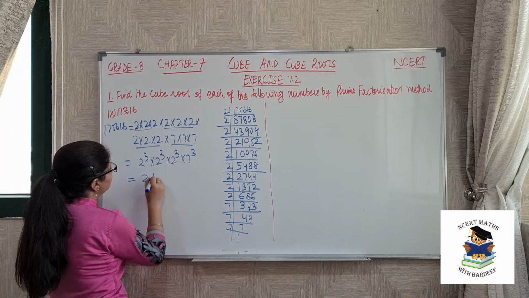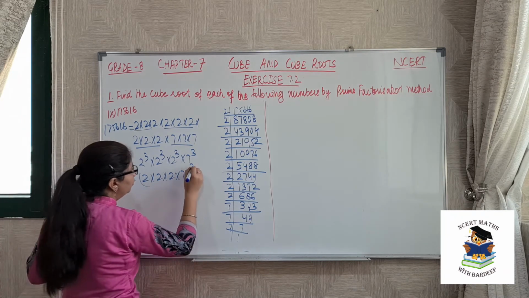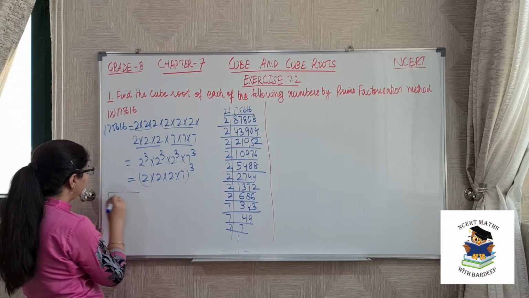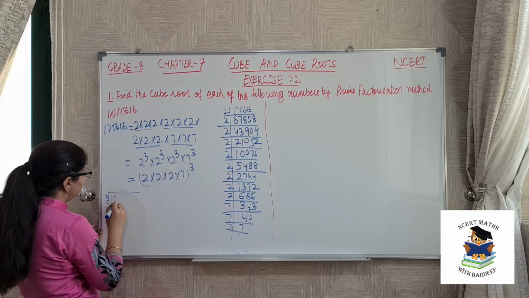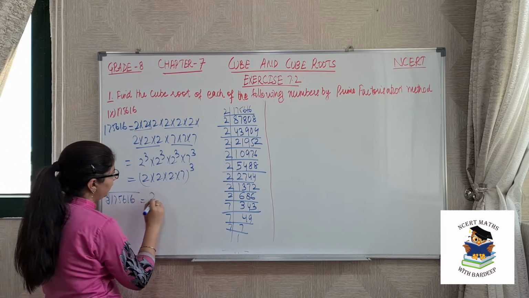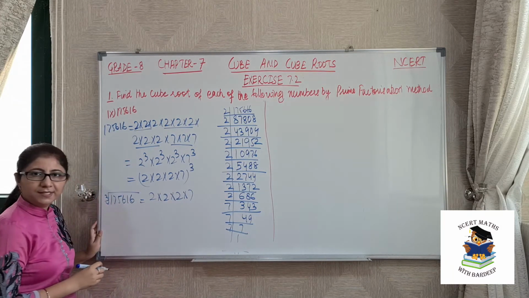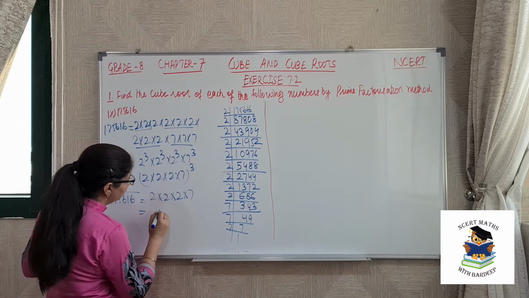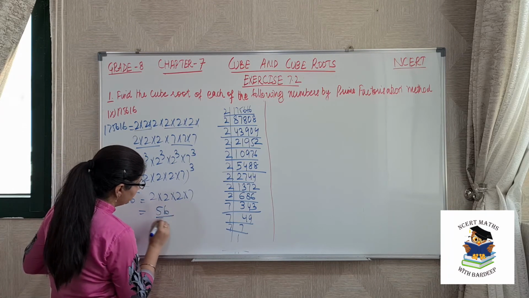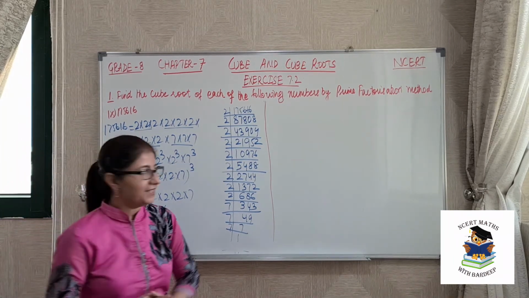So here it is 2 into 2 into 2 into 7 whole raised to power 3, and we are done with our question. So the cube root of 175616 is all these factors. So 2 into 2 into 2 into 7. So 2 2s are 4, 4 2s are 8 and 8 7s are 56. So the cube root of this number is 56.